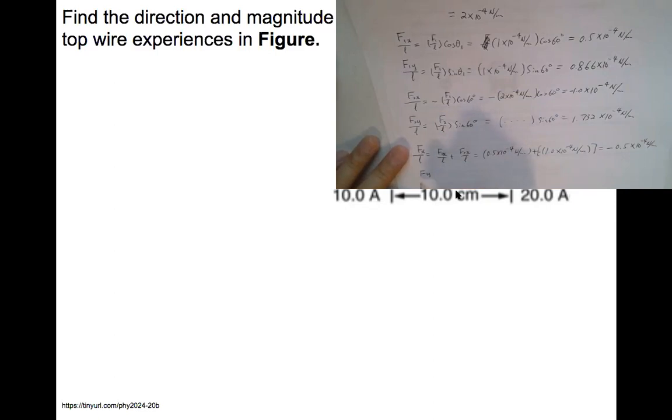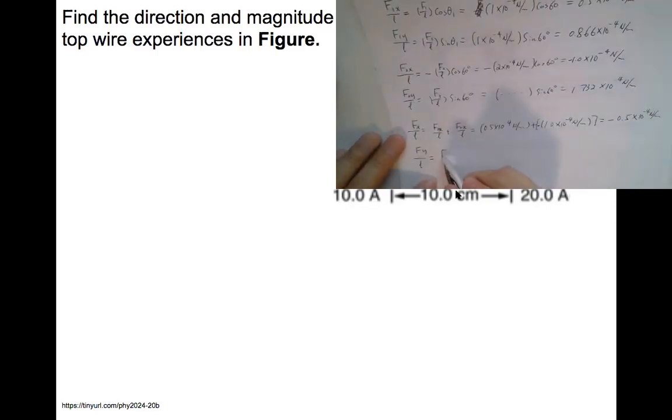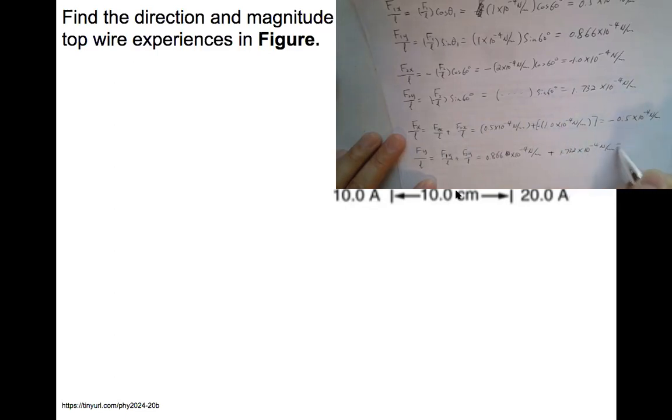And then the y component over L is going to be equal to F1y over L plus F2y over L. You take the y component of the first one, 0.866 times 10 to the minus 4 newtons per meter, plus 1.732 times 10 to the minus 4 newtons per meter. Then it gives you 2.598 times 10 to the minus 4 newtons per meter.